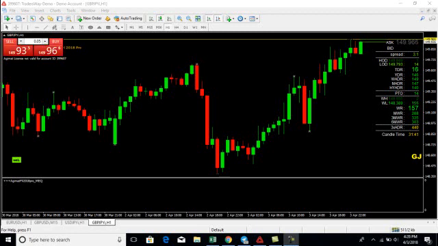This is a great strategy to go along with anyone who is using the web analyzer, as the analyzer gives out potential signals, potential buys and sells. You can use this strategy to help you identify whether or not it is a trade for you to take. So we're going to use a couple of moving averages, and one indicator in the beginning.